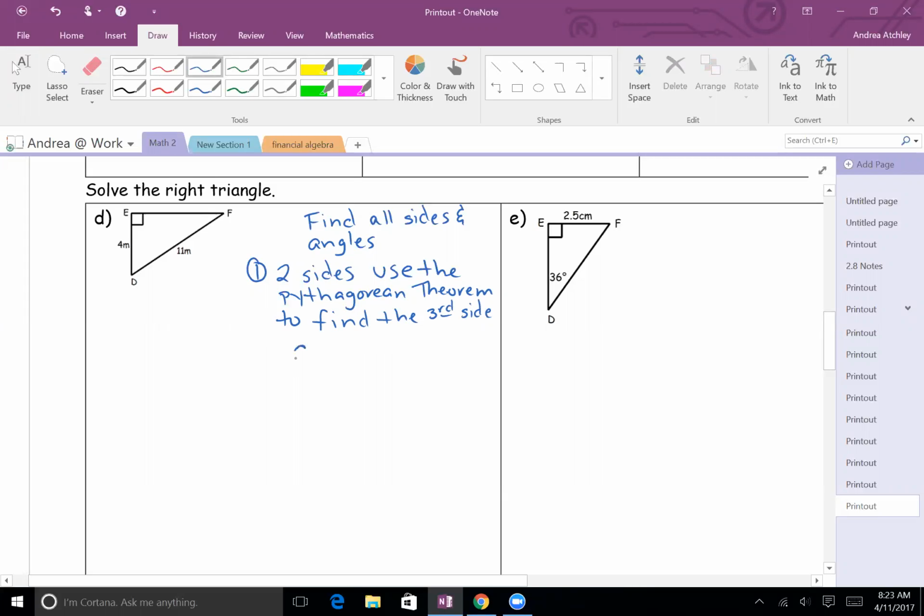And that again is a squared plus b squared equals the hypotenuse squared. Write it down, please.